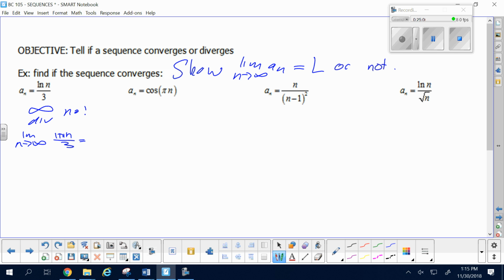What do those terms approach? As n gets infinitely large, log of n, wouldn't it keep going up, right? Doesn't it get infinitely large? And so we would conclude it diverges, because L is an actual numerical value. Infinity is not a numerical value, okay?